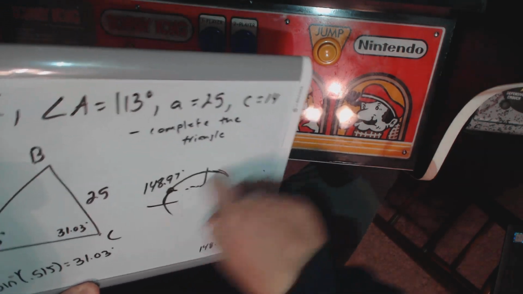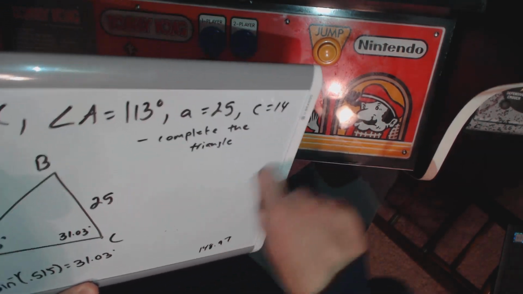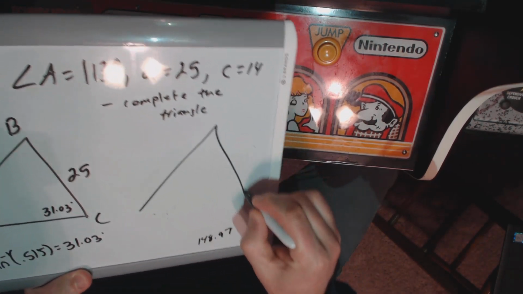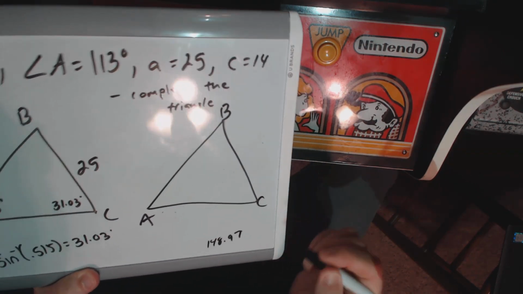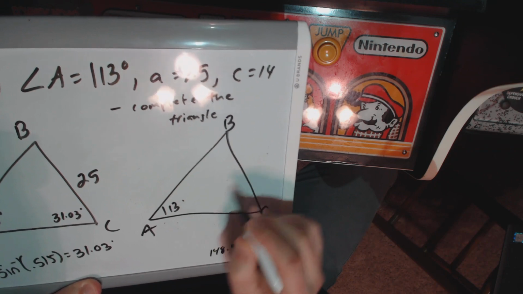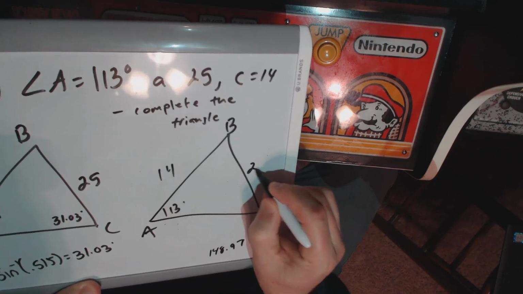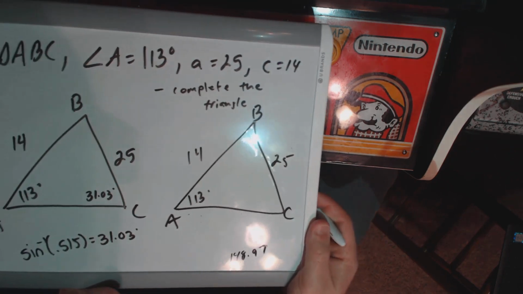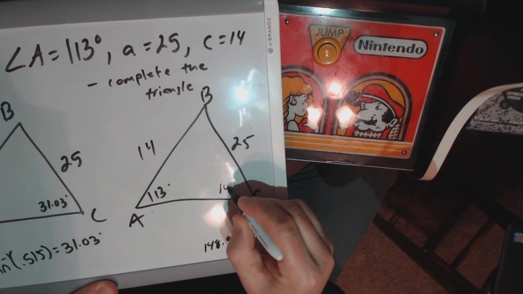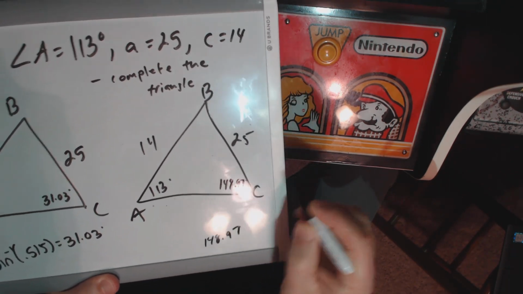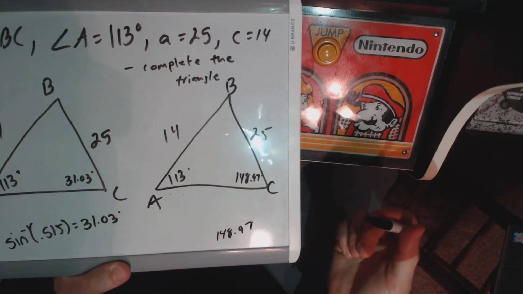My point is this. There might be another triangle ABC, with 113 here, 14, and 25, right? Well, let's just say in a parallel universe, I try to put 148.97 here because that would match the law of sines, right?